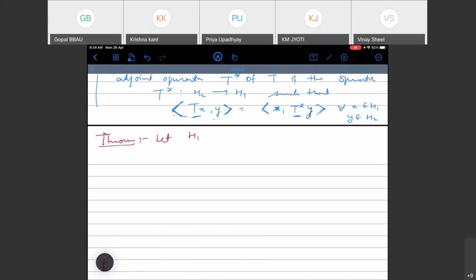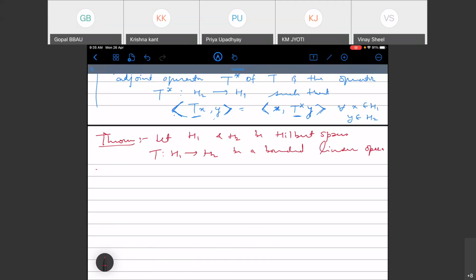Let H1 and H2 be Hilbert spaces over the same field, and T from H1 to H2 be a bounded linear operator.